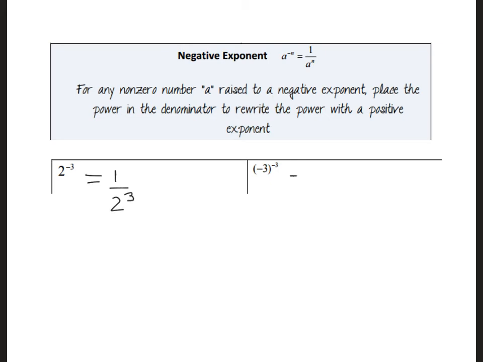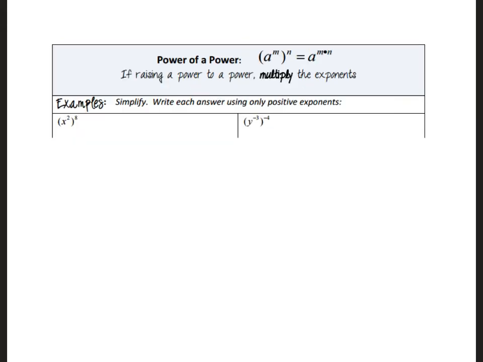If I have this one, remember, the negative 3 doesn't change, only the exponent. So it's going to be negative 1 over 3 to power 3. Remember, the negative remains.